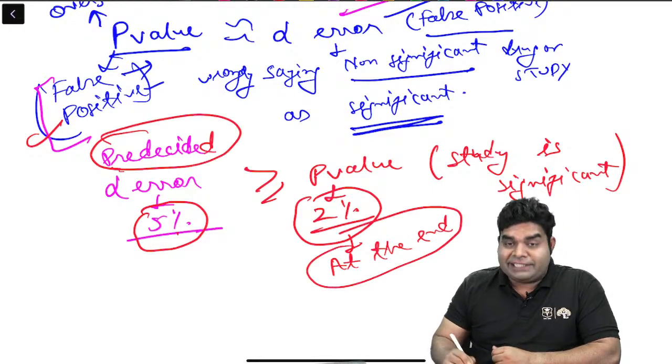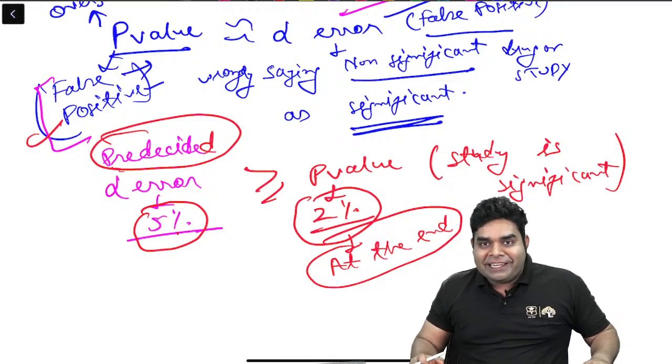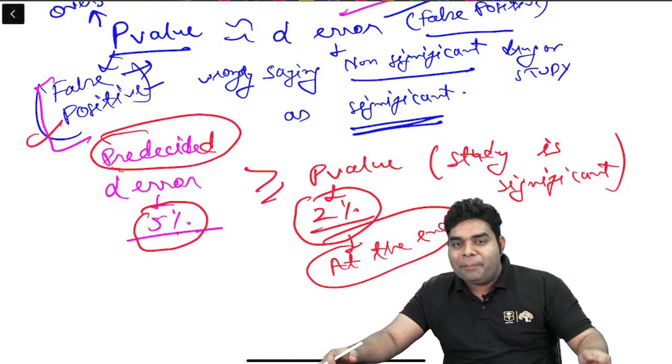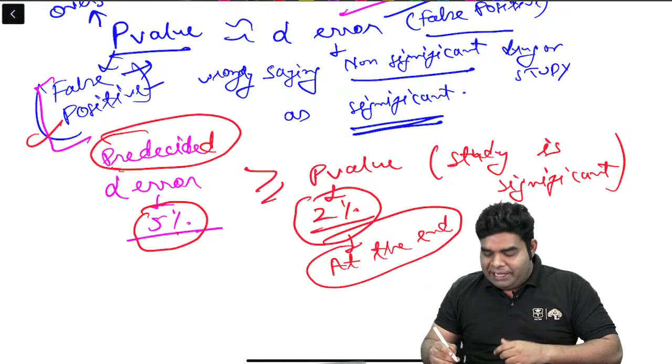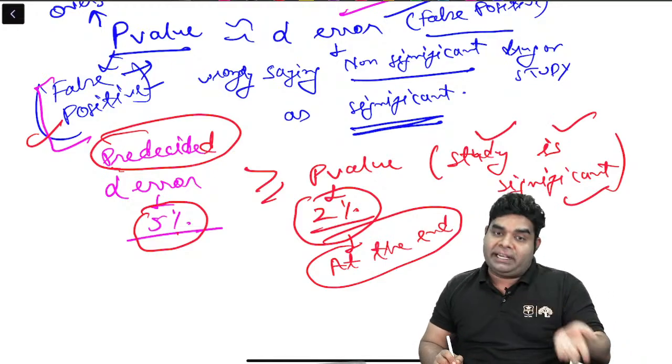So if you made only 2% mistakes when the expectation was 5%, then you will definitely score very well in the exam. You will pass that exam. You will give a significant result. Similarly, a study is significant when we make fewer mistakes than expected.